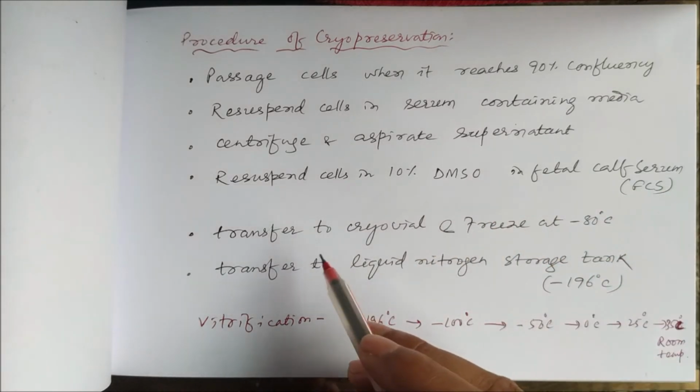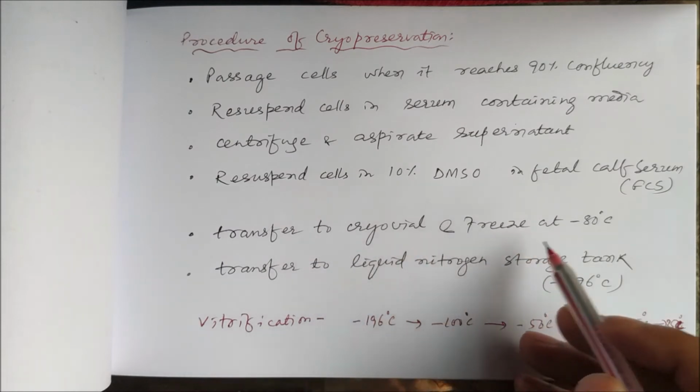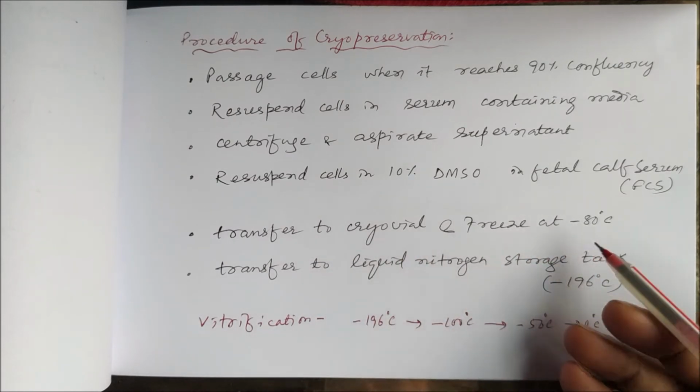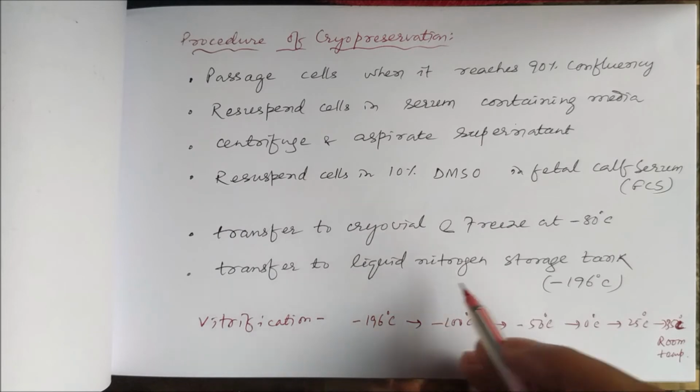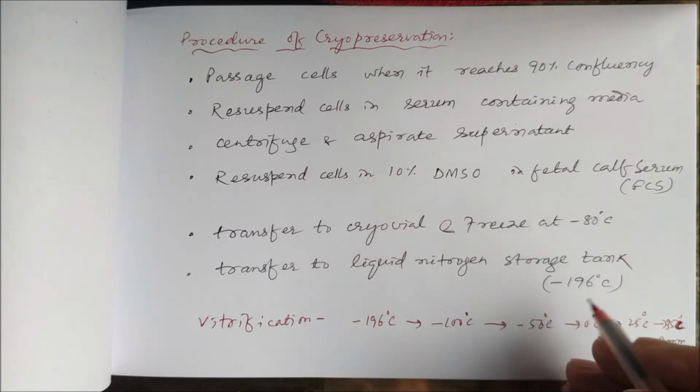Then we transfer to a cryovial and freeze it at minus 80 degrees Celsius. Finally we transfer to a liquid nitrogen storage tank, where the temperature is set at minus 196 degrees Celsius.